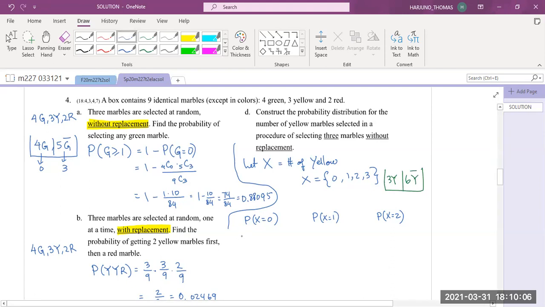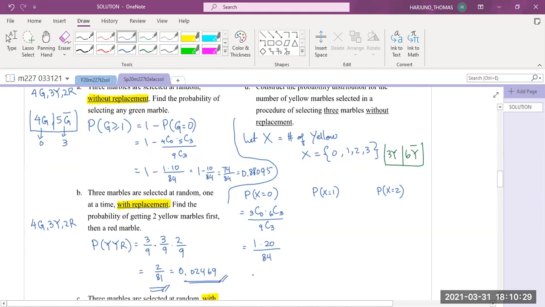Now then, the probability to have no yellow means from those 3 yellow select nothing, from the non-yellow select all 3. That's 1 times 20 over 9 choose 3, which is what again? 84. This is 20 over 84.